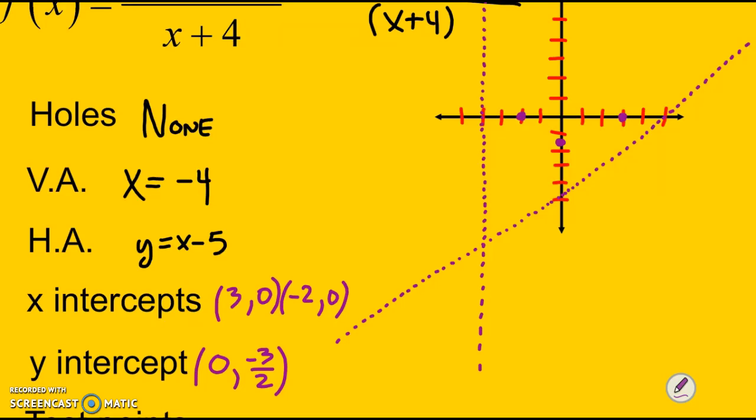So what that means now is we kind of have 4 areas we're looking at. We're looking at what happens to the right of this vertical asymptote and what happens to the left of it. And then, it's either going to be above or below this oblique asymptote. Well, the right side looks like it's definitely above the asymptote, right? Look at all these points we have up there.